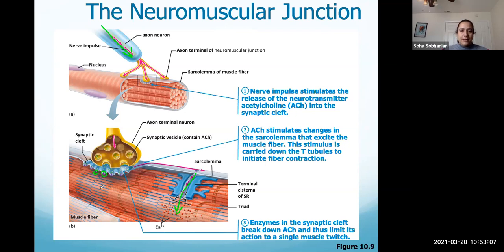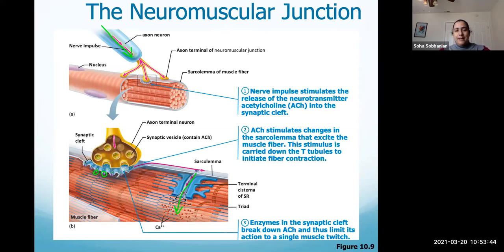So here is the synaptic cleft. There's the space, here are my vesicles for the neurotransmitters, the little green dots, and it gets released into this space called the synaptic cleft. Third thing that happens is ACH binds to my sodium-potassium channels and opens them. Again, these little purple things that you see on the image are your sodium-potassium channels. As soon as they see ACH, they open up.